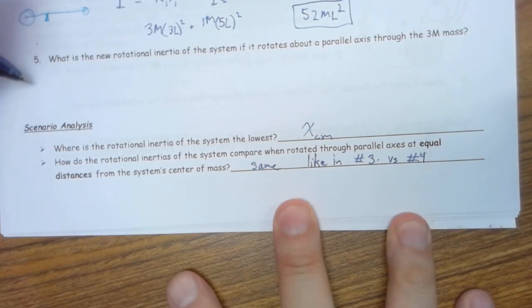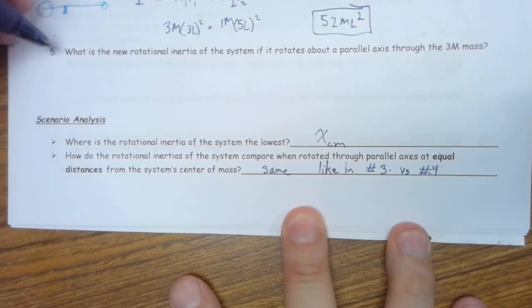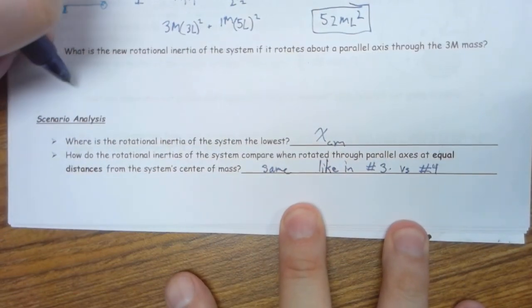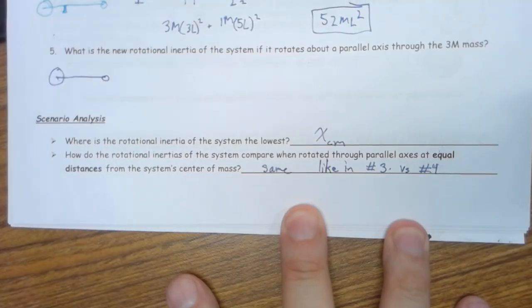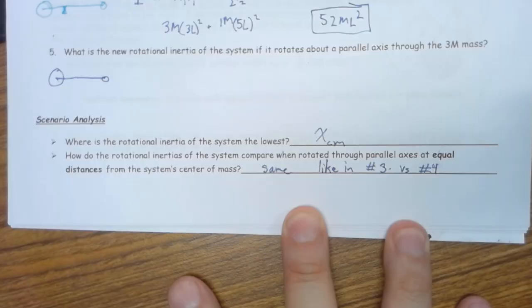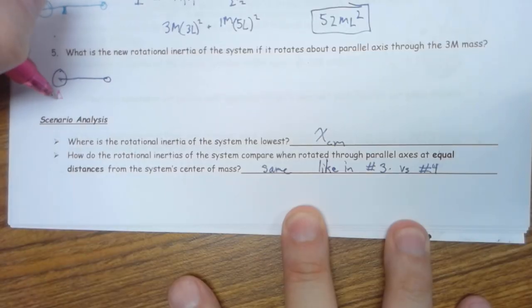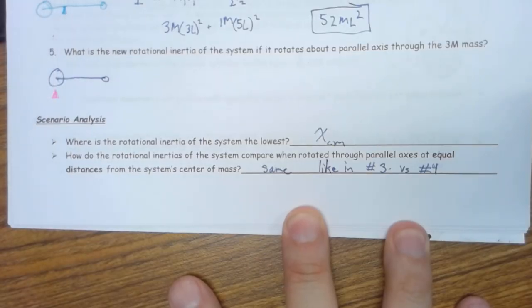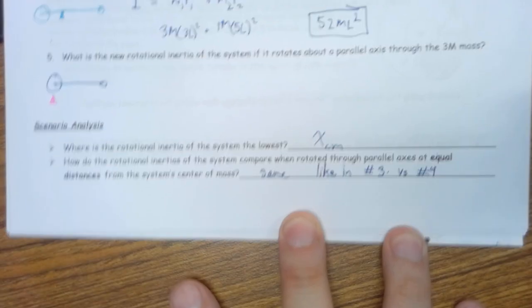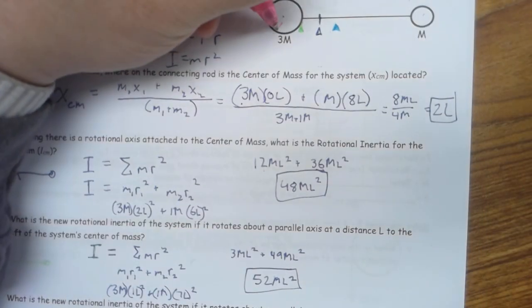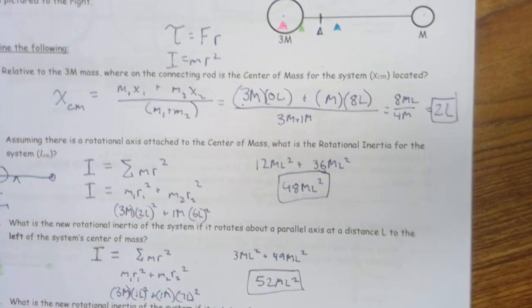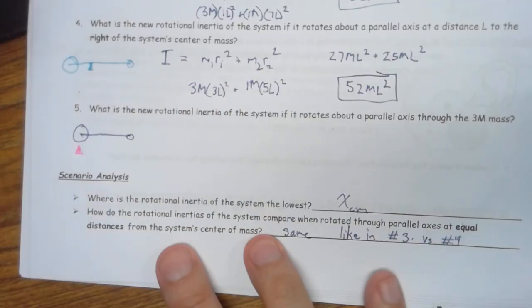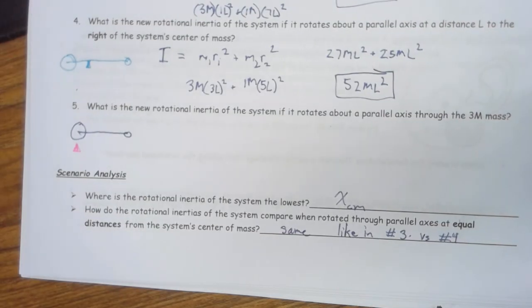Number 5 says, what is the new rotational inertia if I start on the heavy end? So now I'm pivoting from this point right there, so add that to my key. If you were to ever grab my notes, that would make sense.